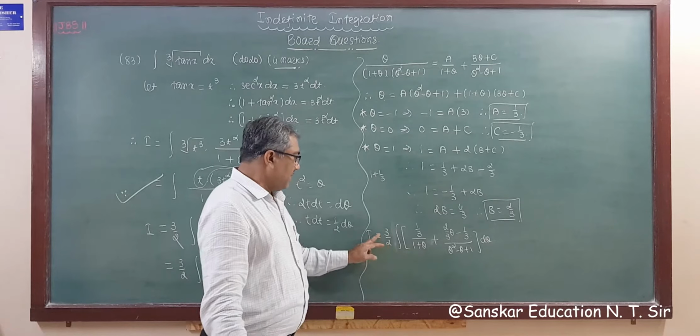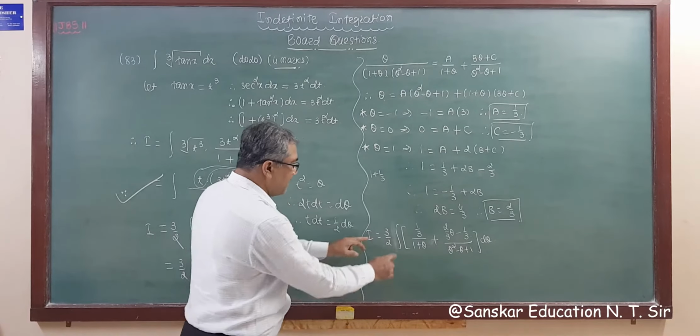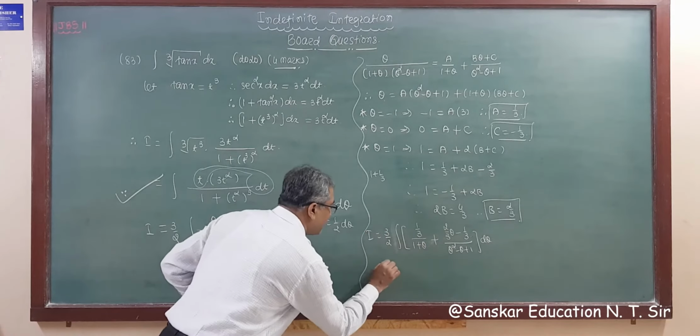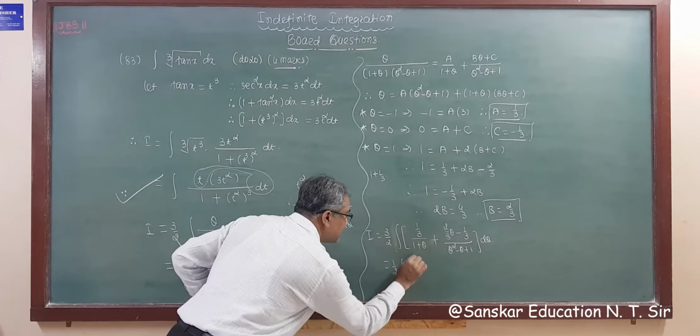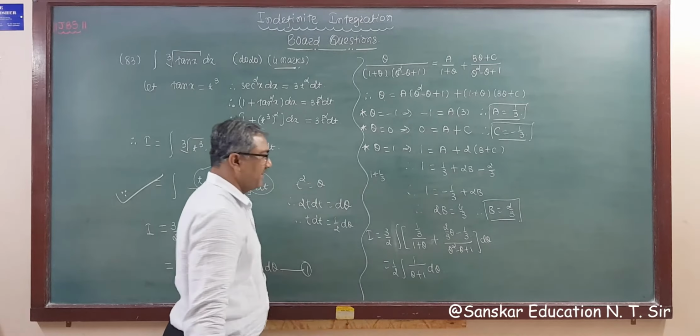So multiplying this, what we get, these 3 will be cut, so we get 1 upon 2 integration 1 upon theta plus 1 d theta, right?